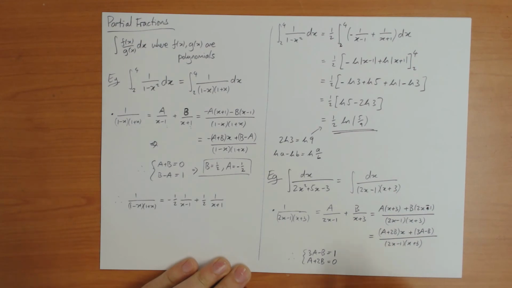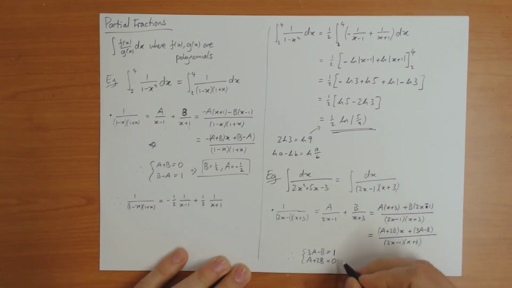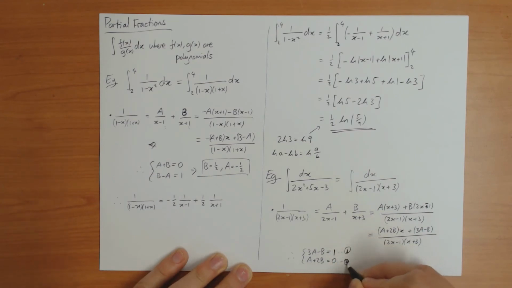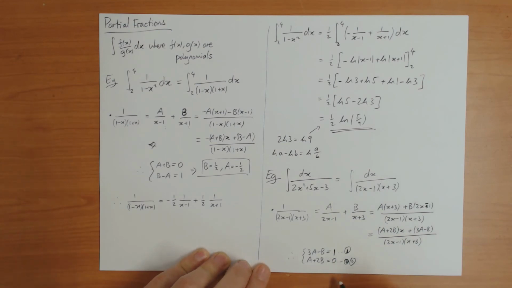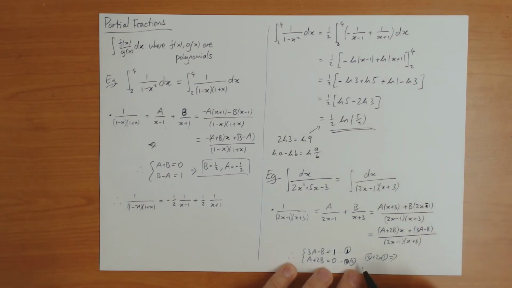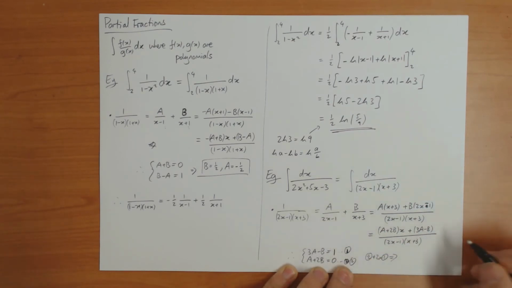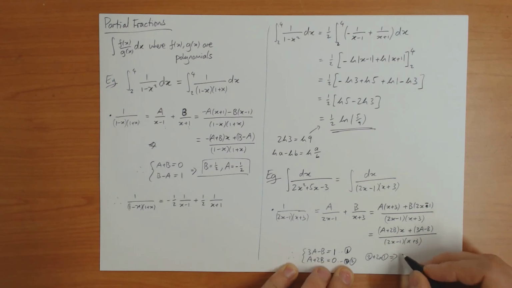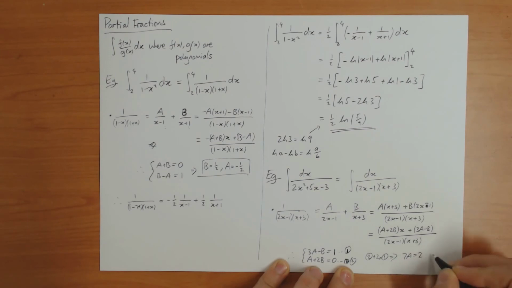And can we get a solution to that? The easiest way is to call this one equation 1 and this one equation 2, then I can do equation 2 plus twice equation 1. The b's cancel the way I've arranged it, so I get a plus 6a equals 2, so in other words 7a equals 2.